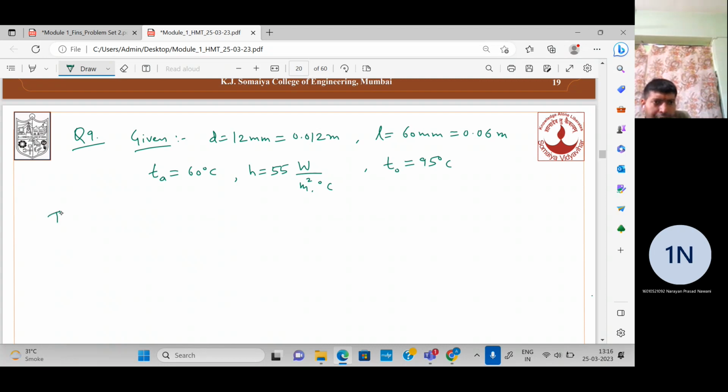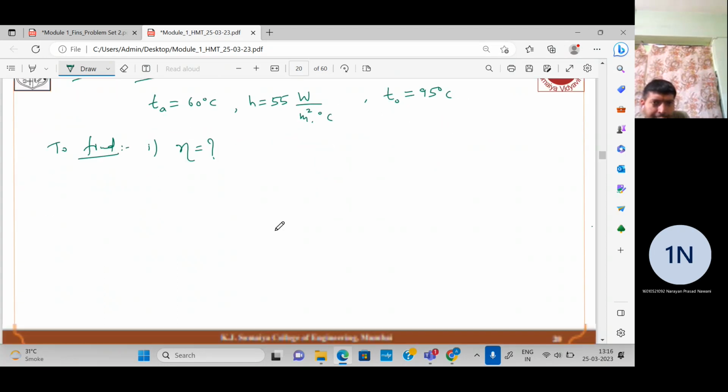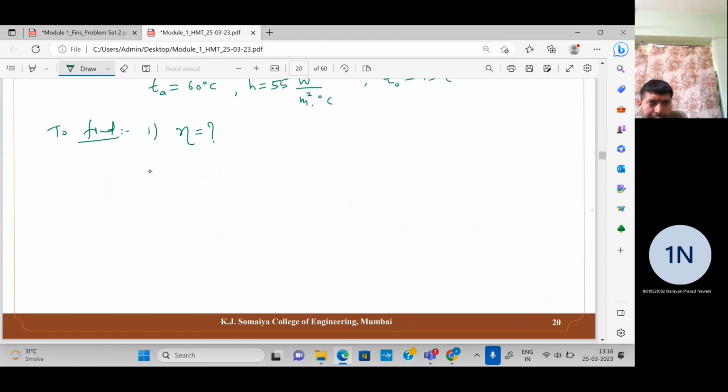Now we have to find, first one, the fin efficiency. Second one, we have to find the temperature at the edge of the fin.